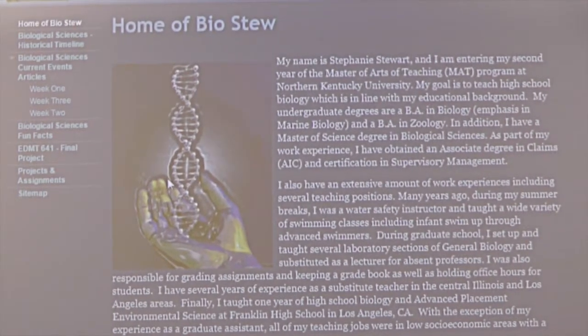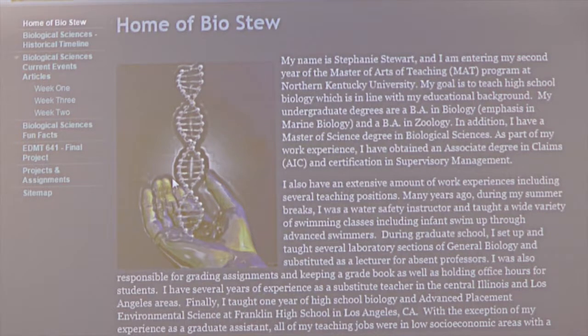This first one that I'm going to launch comes from a former student of mine. What I liked about this site is, first of all, that she took some ownership of the site and named it something that had meaning to her. She called her site BioStew.